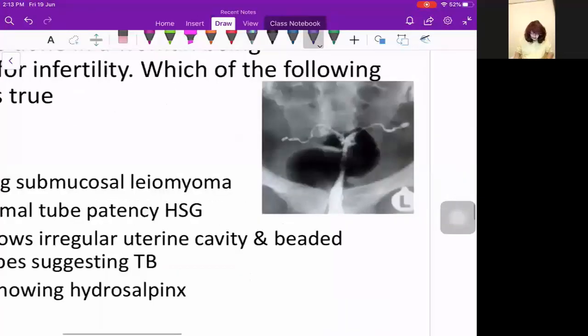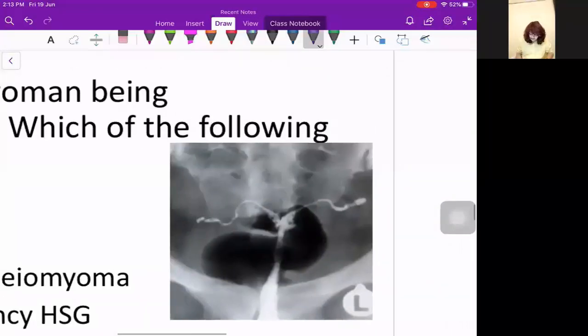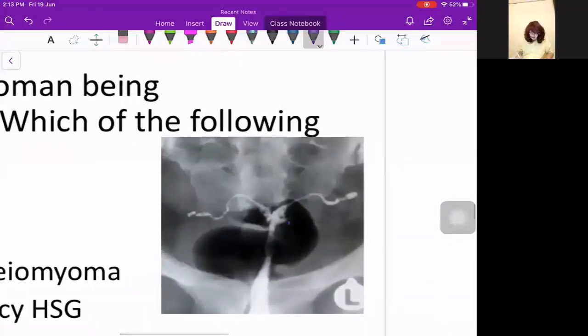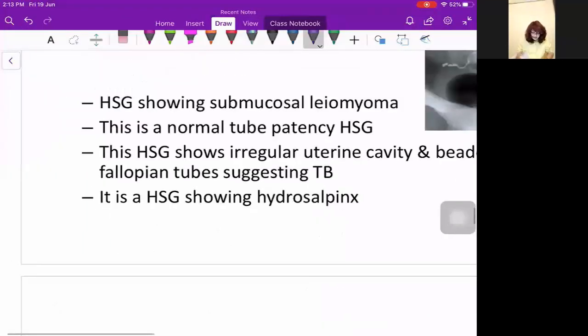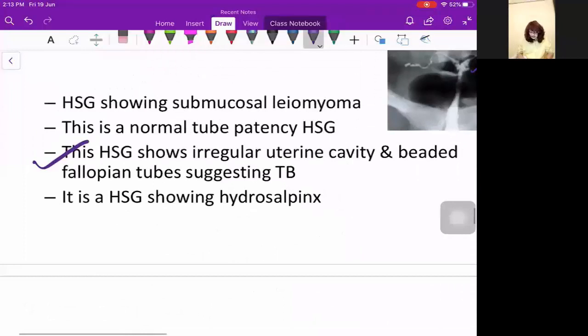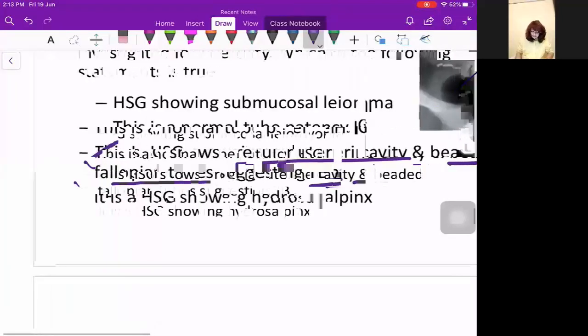Clearly, there is distortion of the uterine cavity and the fallopian tube looks beaded in appearance. So this is a clear-cut case of genital tuberculosis.